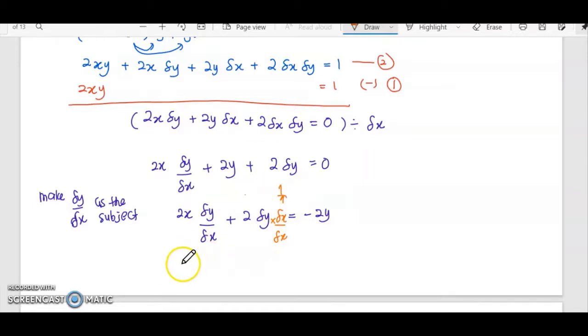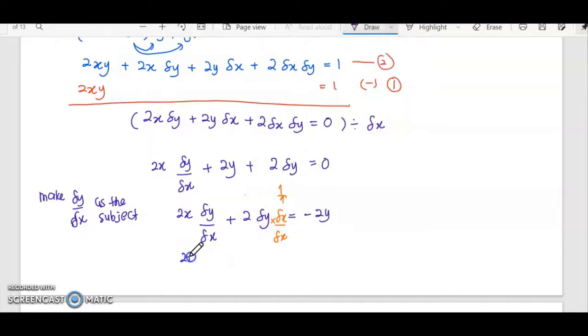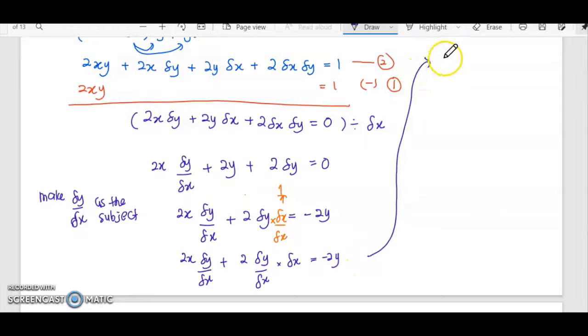So maknanya kat sini bila kita darab this part, apa yang akan dapat? Kita akan dapat 2x delta y over delta x plus 2 delta y over delta x darab dengan delta x. So tak habis lagi tau. Kita sambung lagi kat sini. Okay, so kita akan factorizekan delta y over delta x.